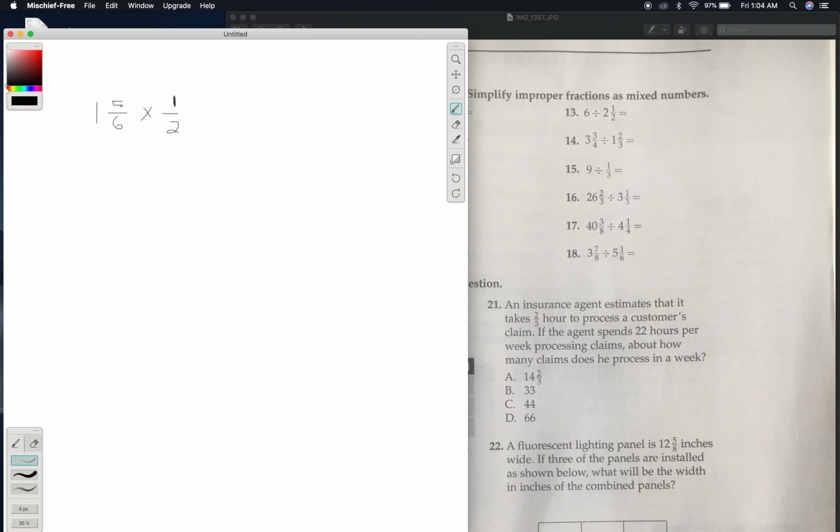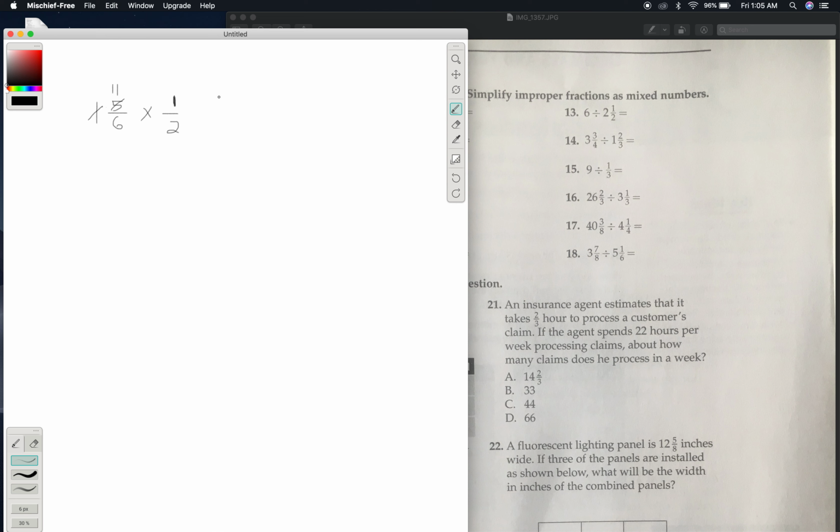So, make it an improper fraction. 6 times 1 is 6, plus 5 is 11. So cross out this 1, cross this out as well, and make this 11. Now we check to see if this can be canceled at all, and no, it can't, because 2 does not go into 11, and 1 does not go into 6.